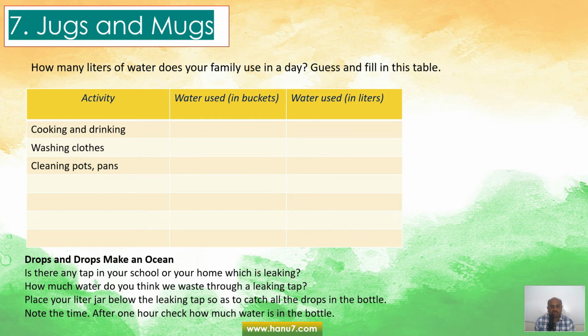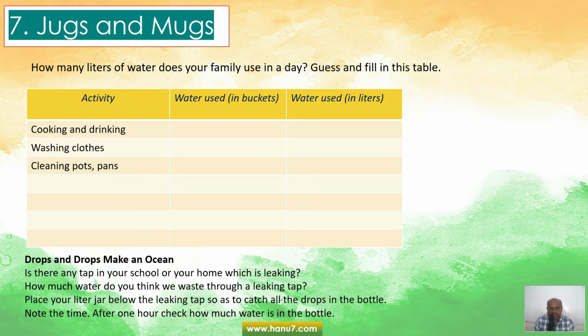Now, drops and drops make an ocean. Is there any tap in your school, or is there any tap at your home which is leaking? How much water do you think we waste through a leaking tap?